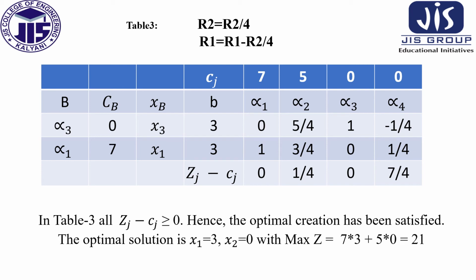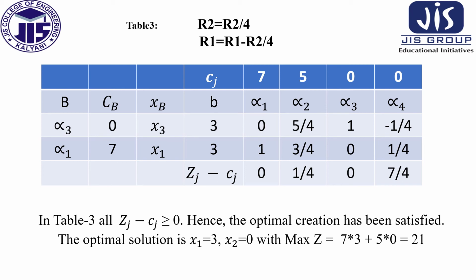From this table 3, we will be able to get the optimal solution, and the corresponding small b value will be the answer. So x1 equal to 3 and x2 is not present, so x2 will be 0, and we can't write x3 equal to 3 because x3 is not a decision variable.